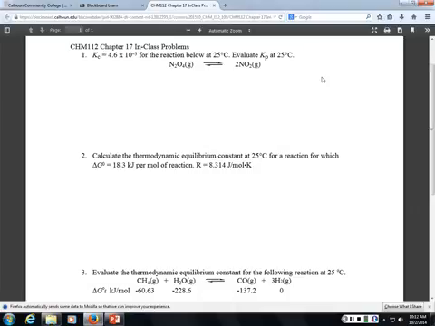You converted to kilojoules, so you have to multiply times 1,000. It's not quite over far enough. Once you do that, you should get this, and then take the anti-natural log. You should get negative 7.